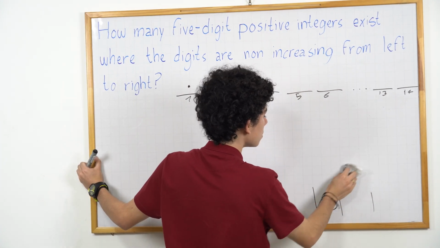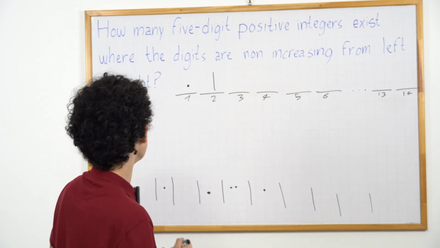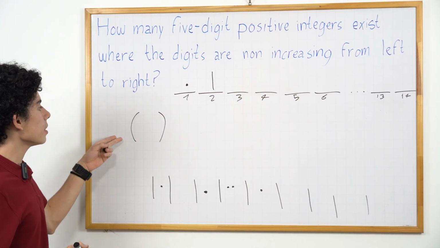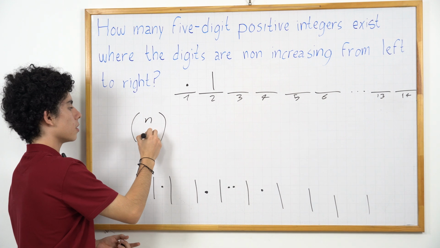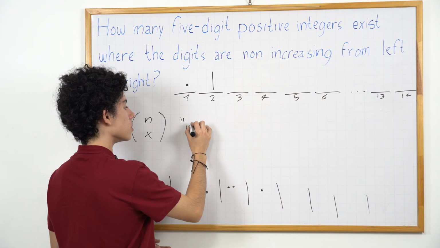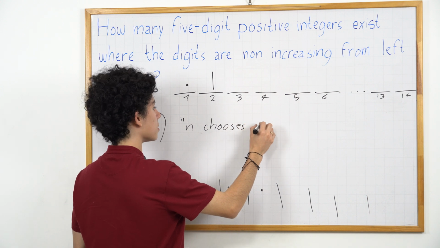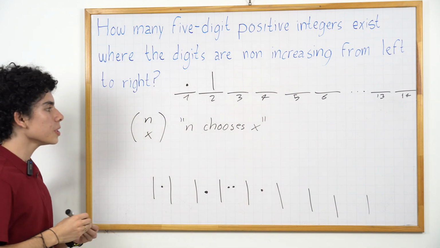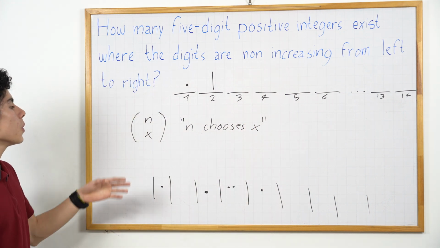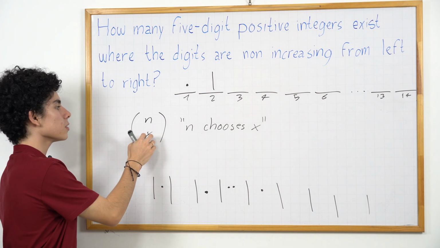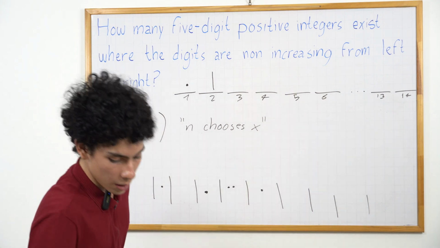We can do this by using combinatorics. This over here means n choose x, and this means in how many ways can I choose x from n spaces?